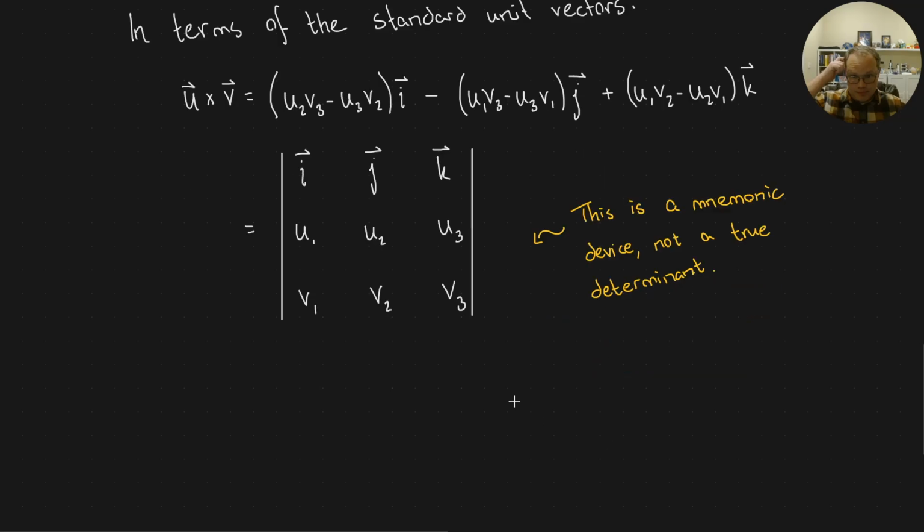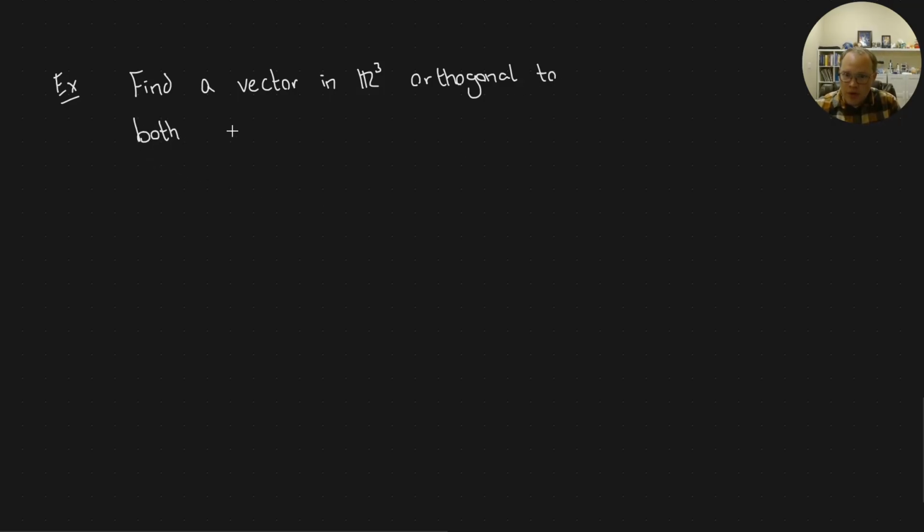So let's do an example. Find a vector in three-dimensional space orthogonal to both vector A, which we'll define as 2, 1, negative 3, and vector B, which is 0, 3, 2.